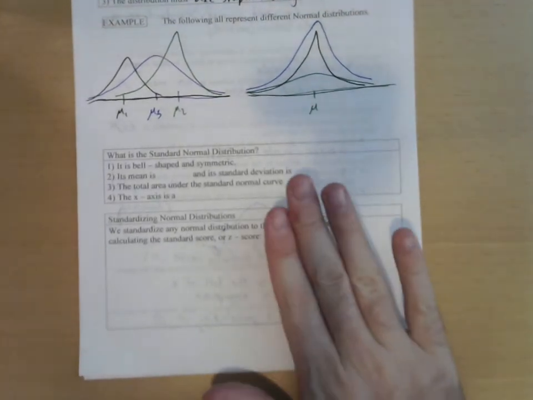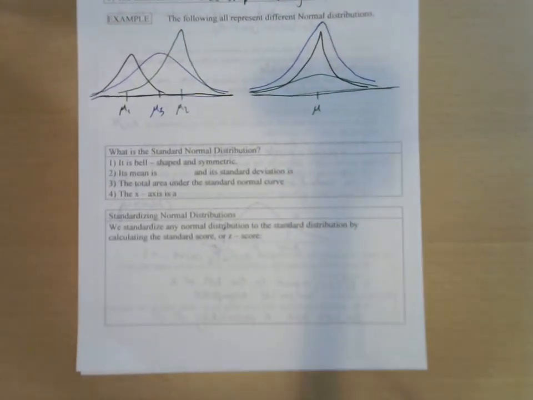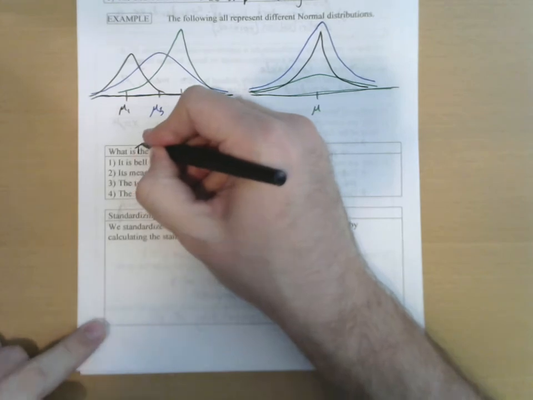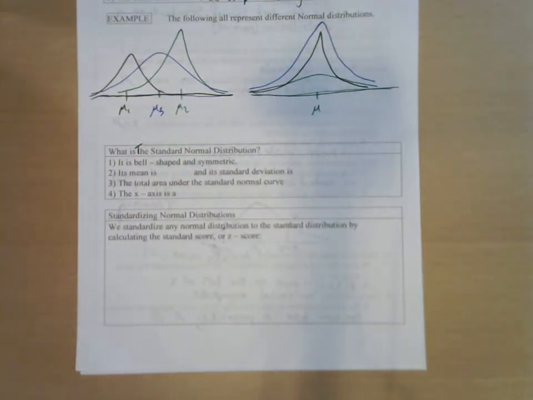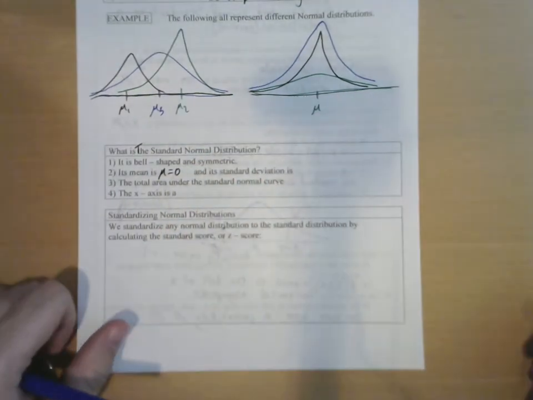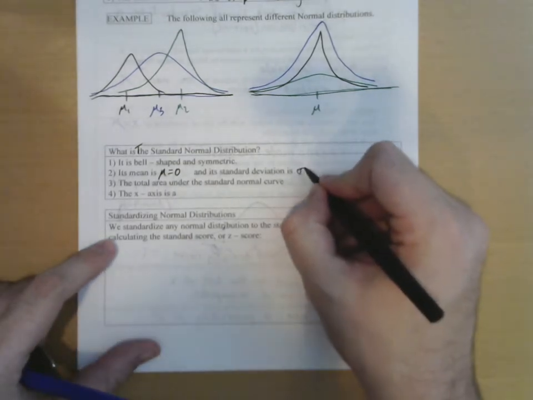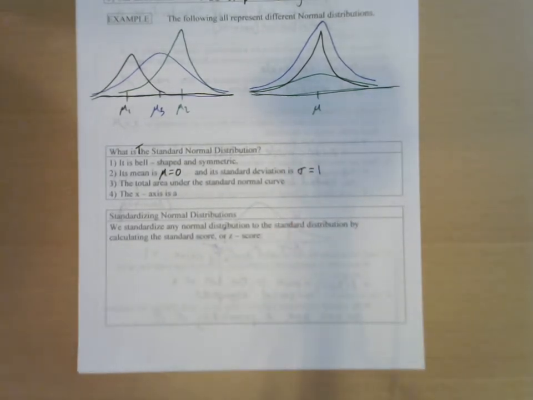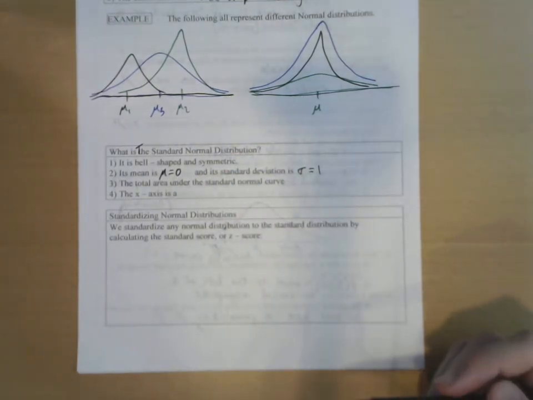And that's where the standard normal distribution comes in. So what is it? Well, first, just like all normal distributions, it's bell-shaped and symmetric, has to be. But its mean is strictly mu equals 0, and its standard deviation is sigma equals 1. So this is the standard normal, with a mean of 0 and a standard deviation of 1.